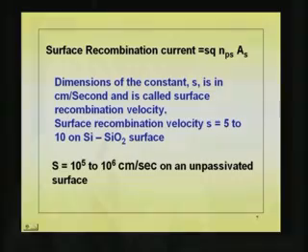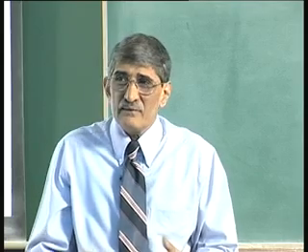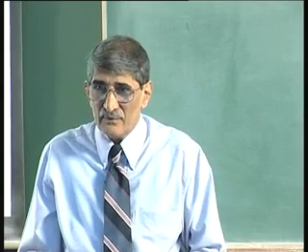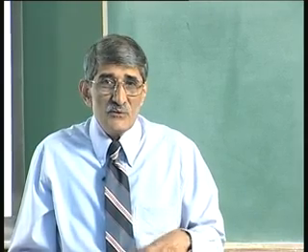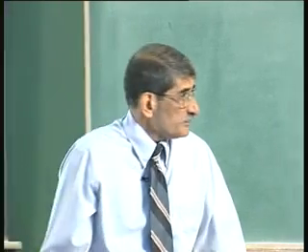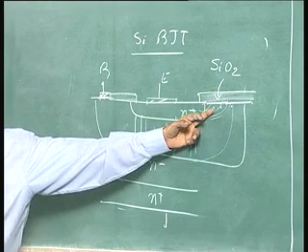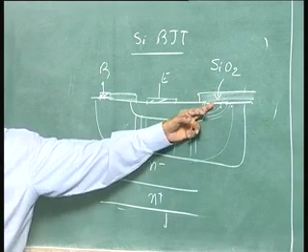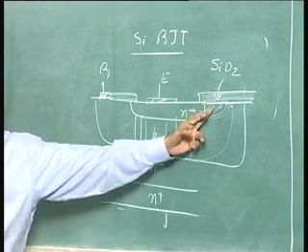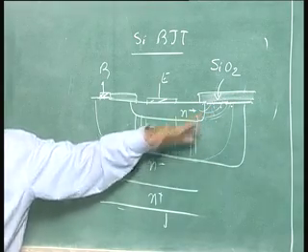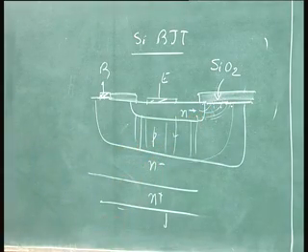If you want to solve a 2-dimensional equation, what you will do is write down the equation del square n minus n by tau equals 0. That is the 3-dimensional equation. And on the surface, you will write Qn into S is equal to Qdn dn by dx, or in this direction. Okay. So, that is the boundary condition that you put when you solve the 2-dimensional equation.